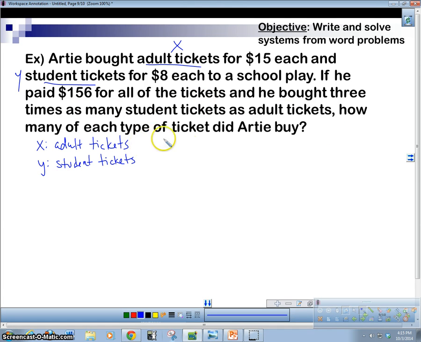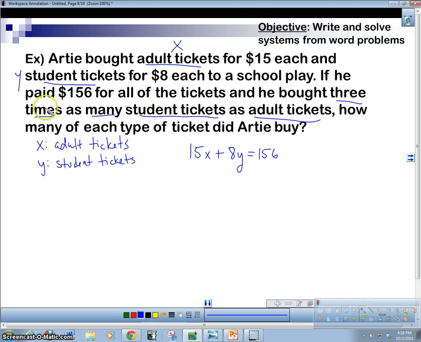Okay, so he paid $15 for adult tickets and $8 for student tickets, and he paid $156. So if we added up how much I purchased for the adult tickets and added up the student tickets, I get $156. It also says that he bought 3 times as many student tickets as adult tickets.